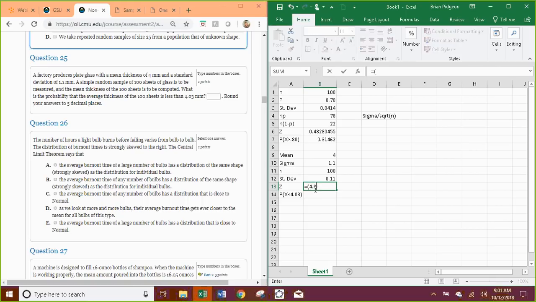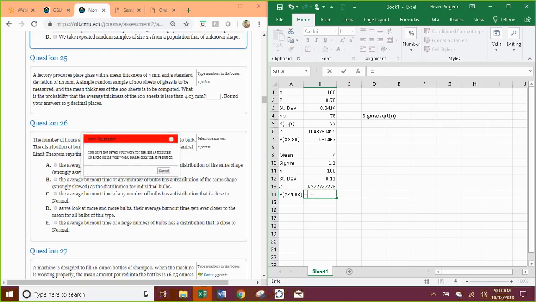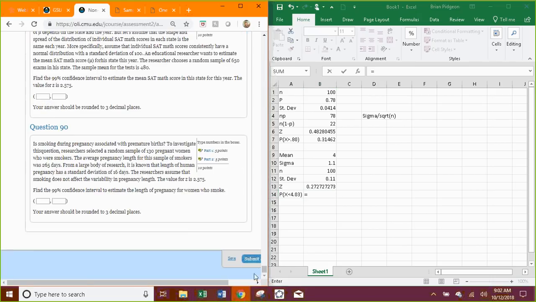So we want less than 4.03, so we do 4.03 minus the mean, divided by the standard deviation that we calculated earlier. That's our z-score. Let me make sure I calculated it right: sigma over root n, 1.1 over root 100. Yes. So less than 4.03 means our z-score is less than 0.2727.